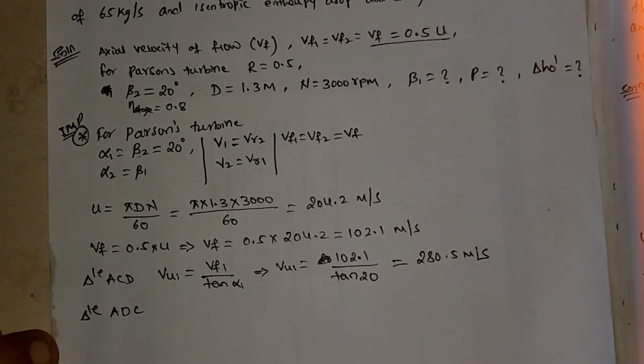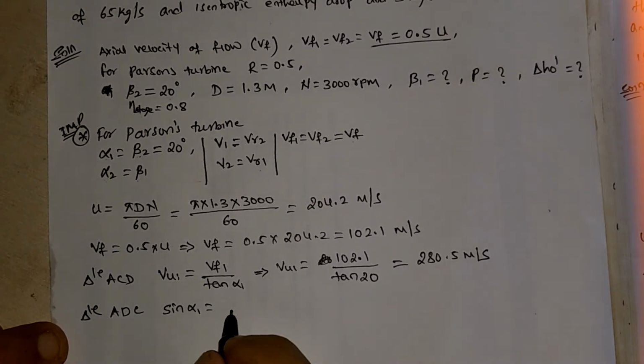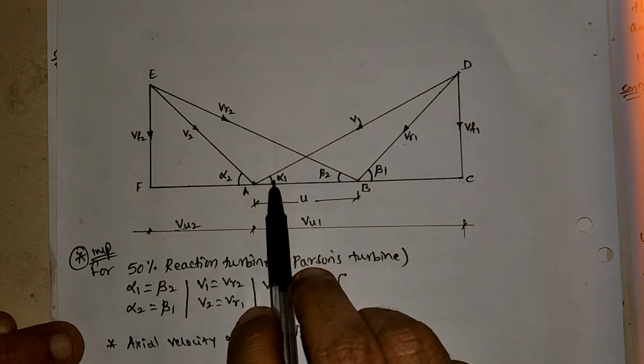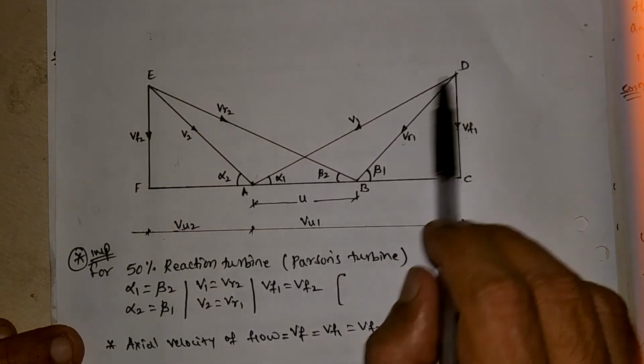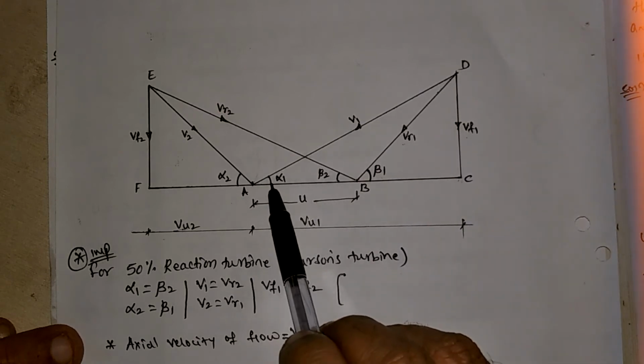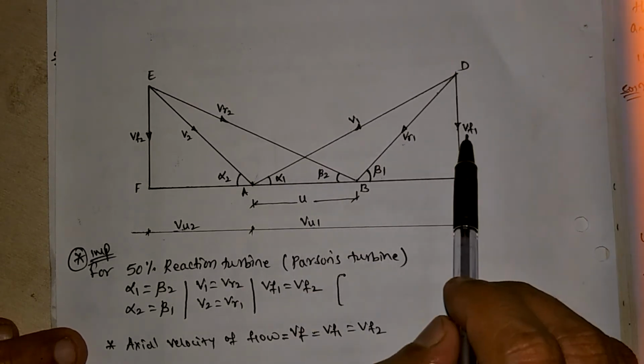From this equation we can calculate V1, right? So sine of alpha 1 is equal to Vf1 divided by V1. As you can see here, in this triangle ACD we have the value of alpha 1, and we also know the opposite side, that is Vf1. This value is known. So sine of alpha 1 is opposite by hypotenuse.